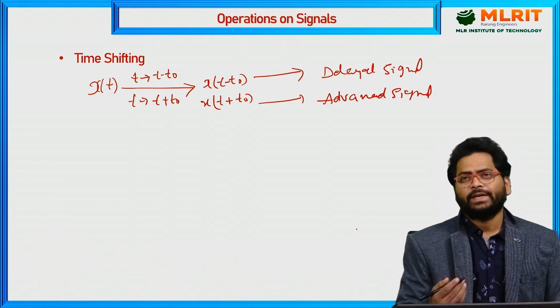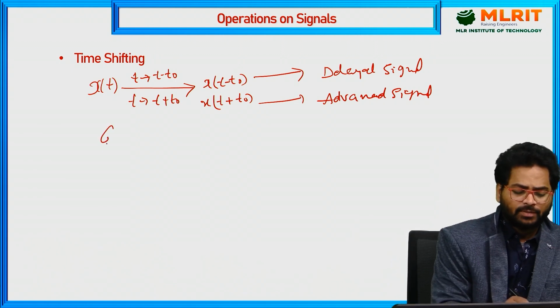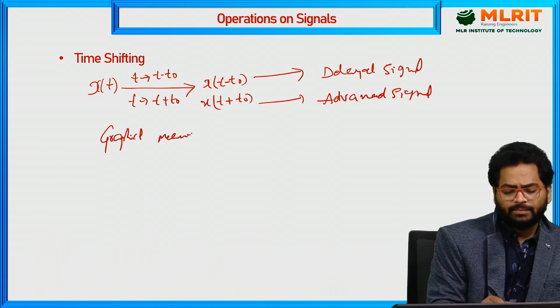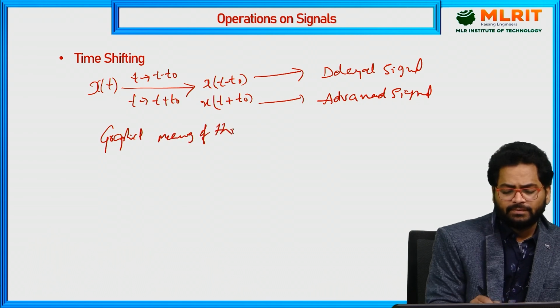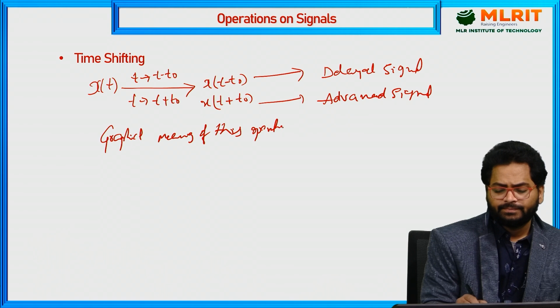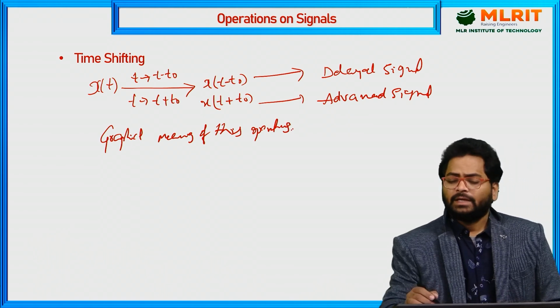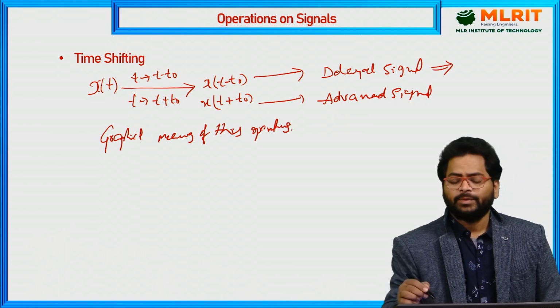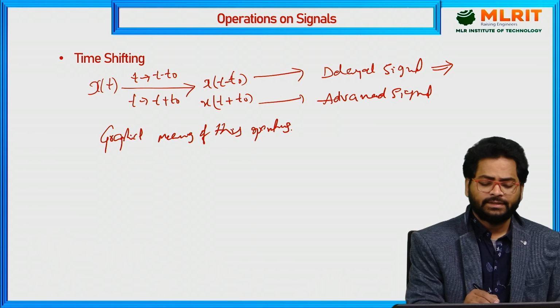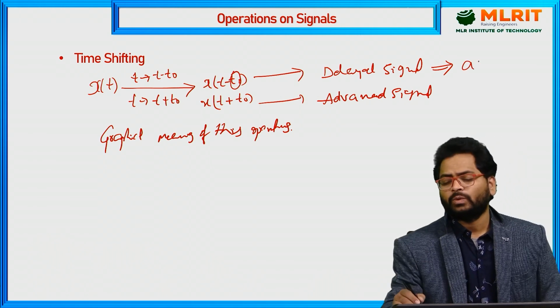What do we mean by the graphical meaning of this operation? If the signal is delayed by t naught units, you need to add t naught.